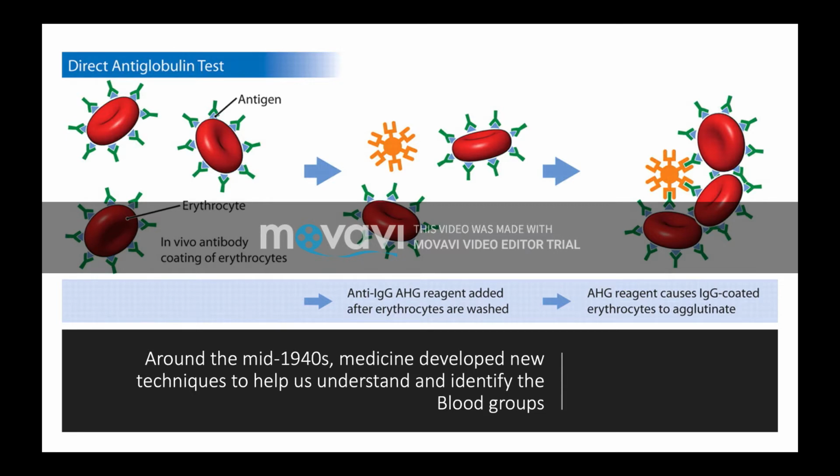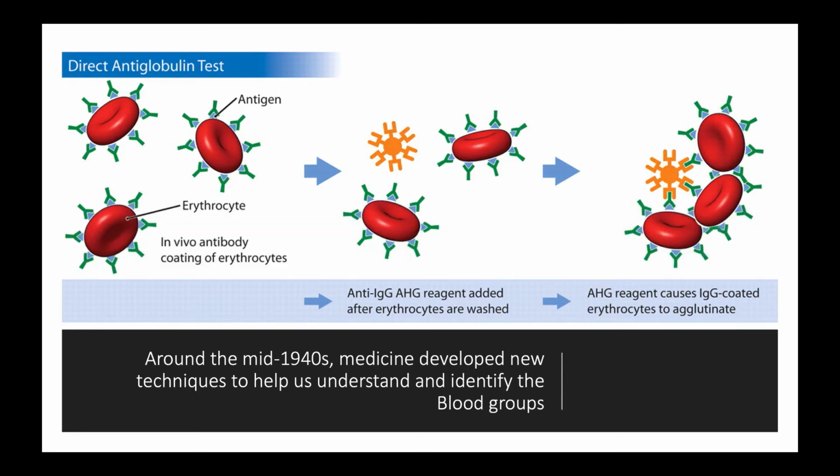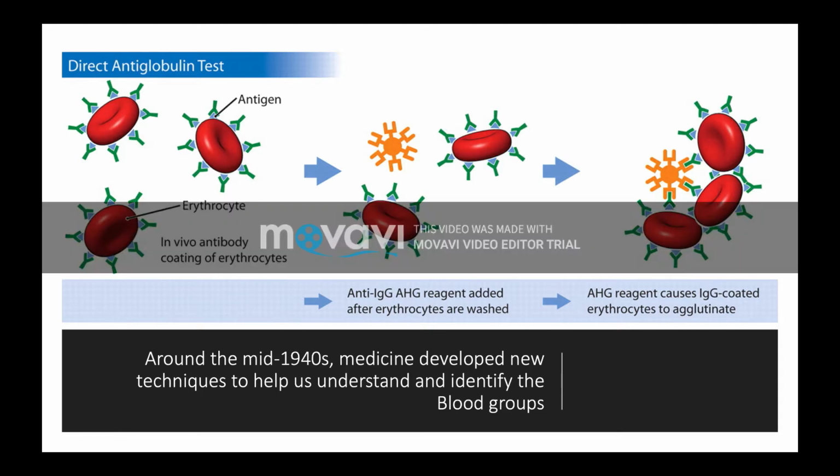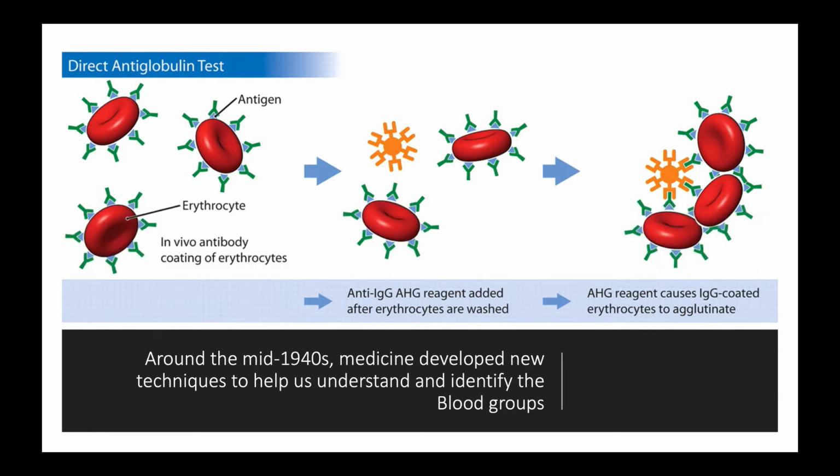Around the mid-1940s, medicine developed new techniques to help us understand and identify the blood groups, and in consequence, the antiglobulin test was created and developed. As we can see in this graph, this is the direct antiglobulin test, which checks for antibodies that are attached to the surface of the red blood cells.